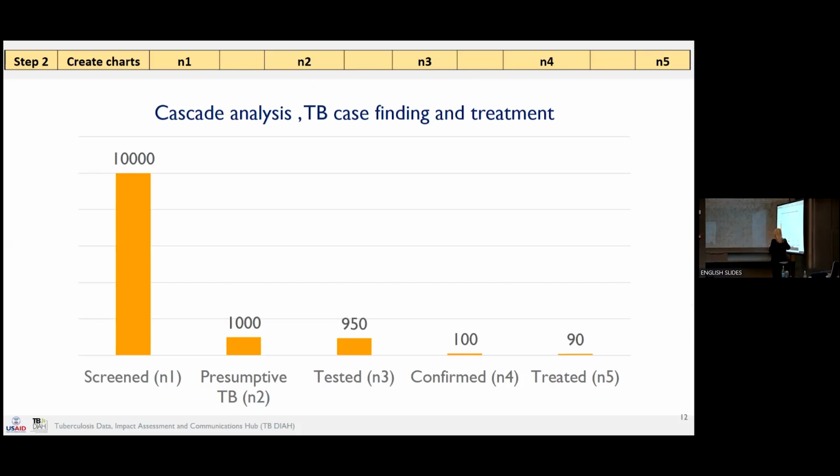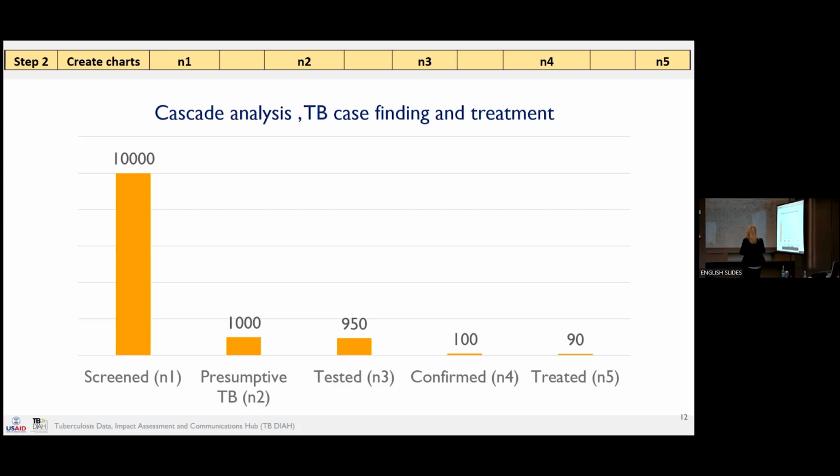So what would you add to this chart so that we have even more information? Percentages, right? We would add percentages. We indicate here the absolute figures. We see how many were screened, the presumptive cases, etc. But it would be good to look at the percentages as well, right?